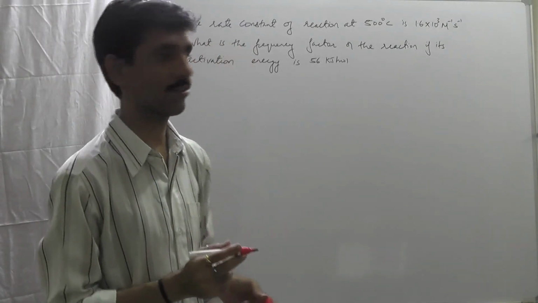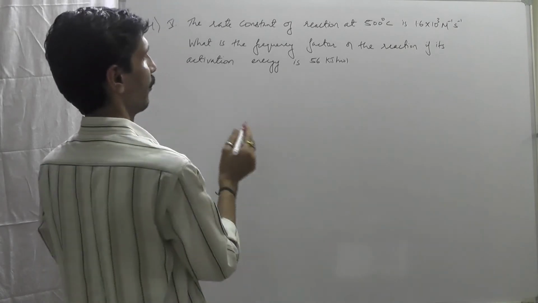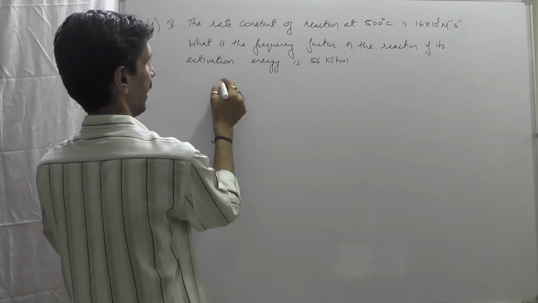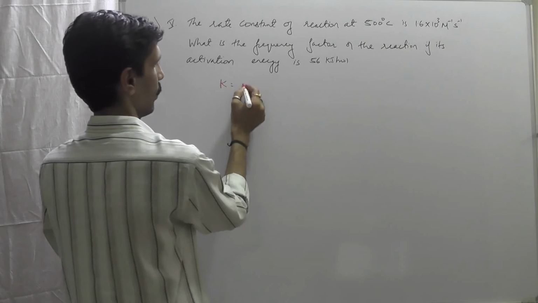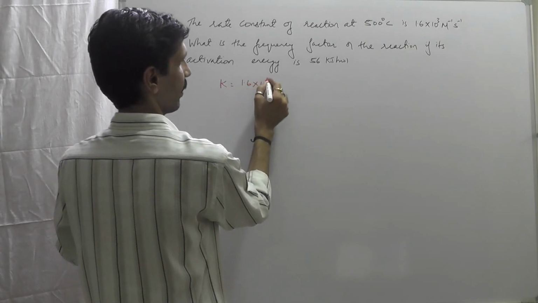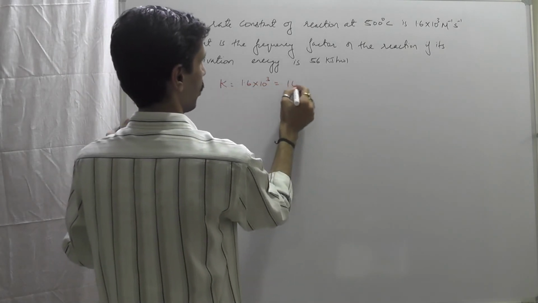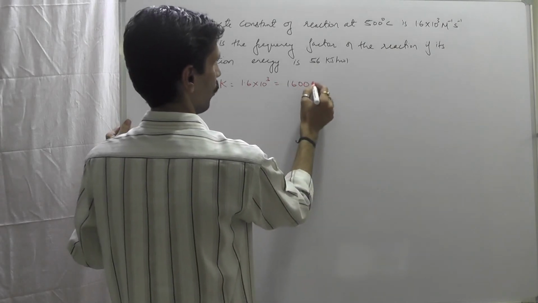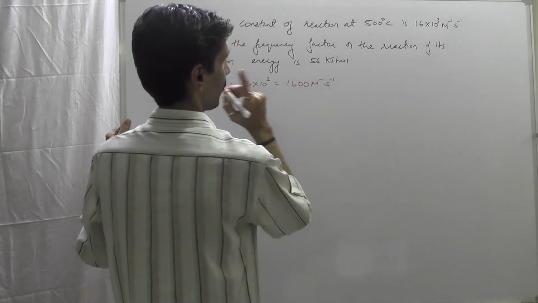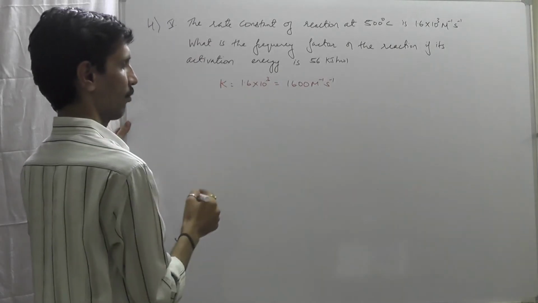Alright, so we'll begin with, first of all, the rate constant K is equal to 1.6 into 10 raised to 3, that is equal to 1600. Okay, that is what we get after multiplying by 10 raised to 3.